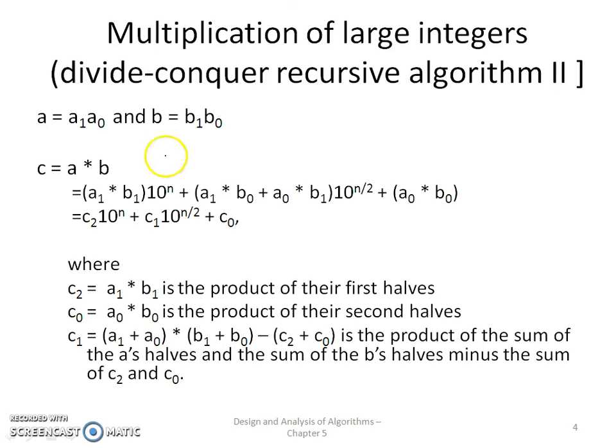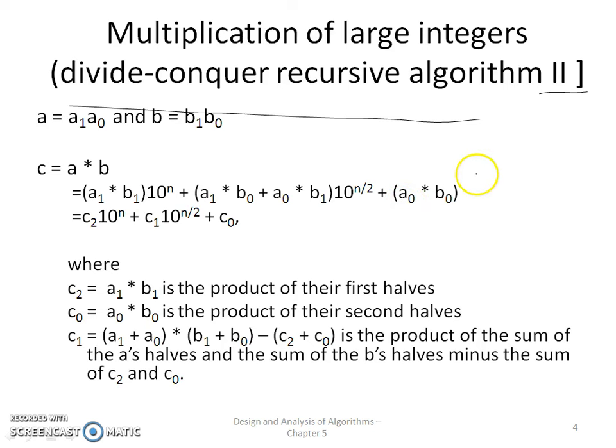So let's look at a different technique, which is the second algorithm for multiplication of two large numbers. The basics remain the same, but if you have a closer look at the algebra, it has been done a little more tactfully. So now we are saying C is equal to A into B, where C is equal to A1 into B1 into 10 raised to n plus A1 into B0 plus A0 into B1 into 10 raised to n by 2 plus A0 B0.